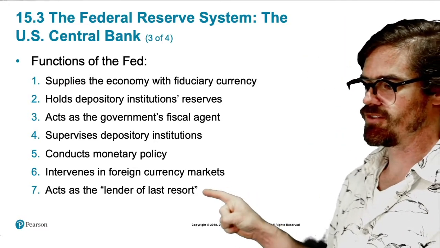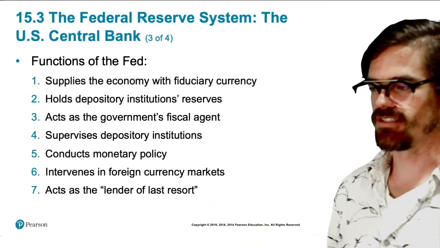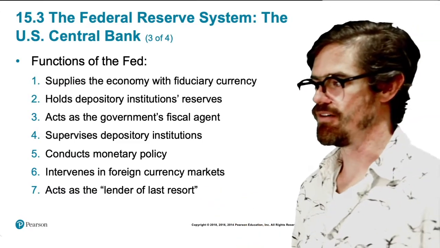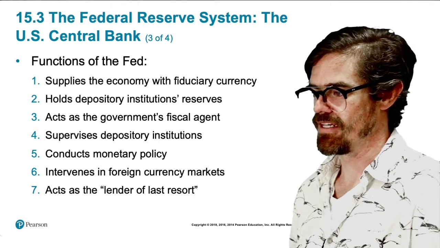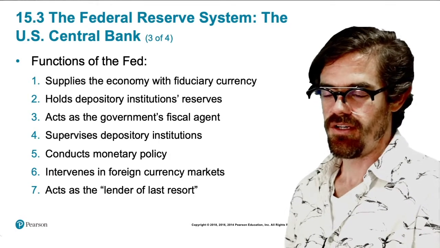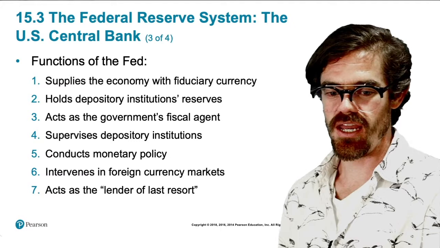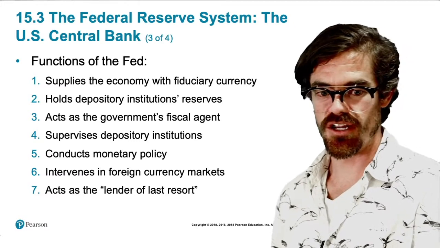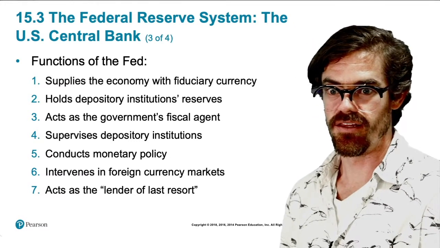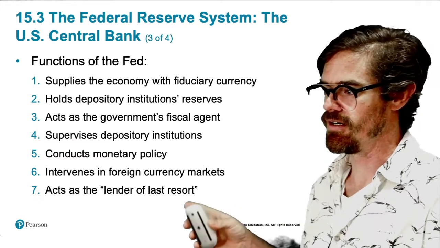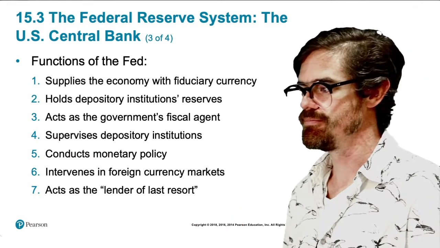And this last one, it's been exercising in the past couple of weeks, acting as a lender of last resort. So when the economy is in really bad shape and commercial banks are running short on money, they really need an emergency loan, the Fed can step in and help them out.